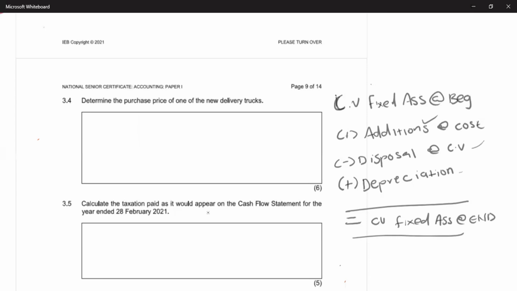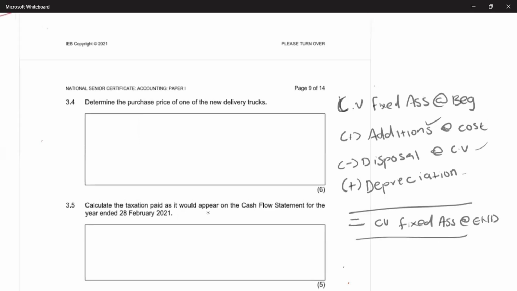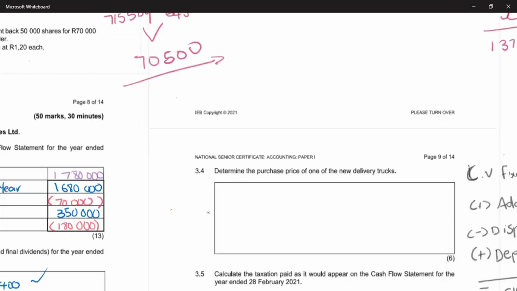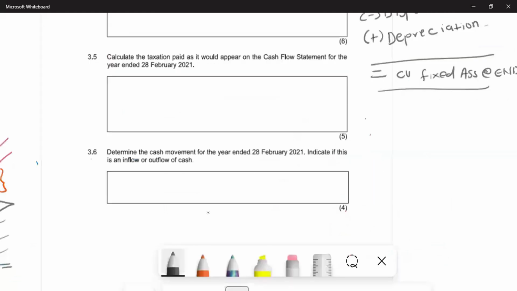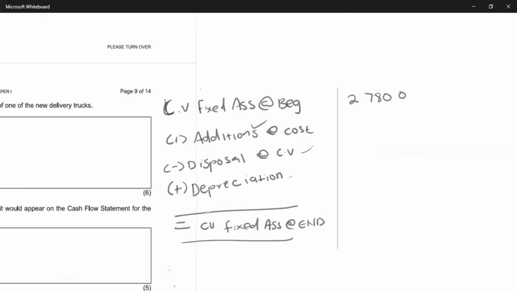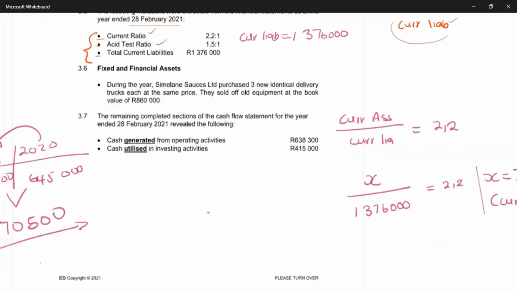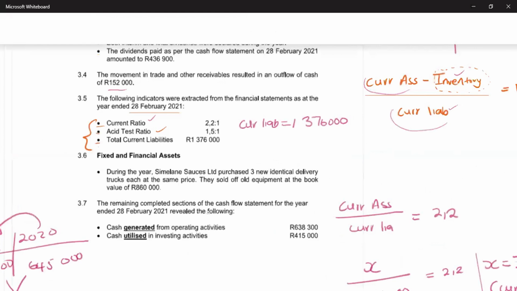Okay. Now, let us make use of this formula to answer this question. So let me look at my carrying value of all my fixed asset at the beginning of the year. So my fixed asset here at the beginning is 2,780,000. Now, additions at cost, this is what I'm looking for, X, minus my disposals at carrying value. Now, I'm going to go to my additional information.